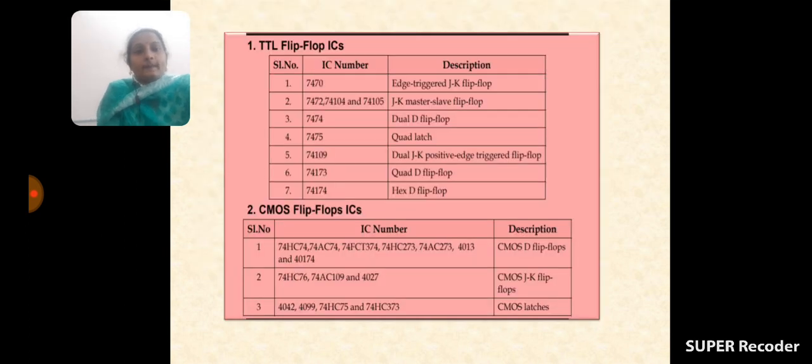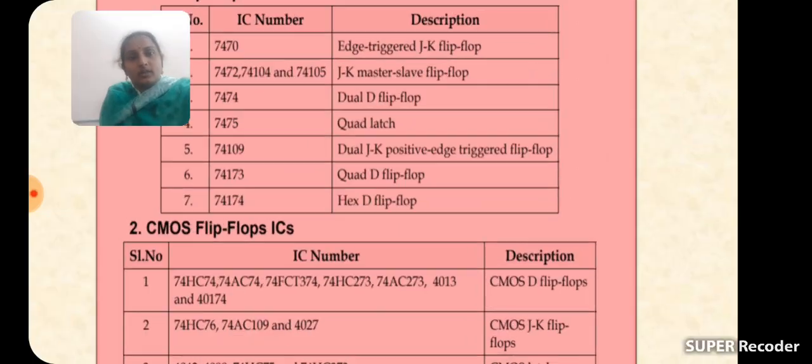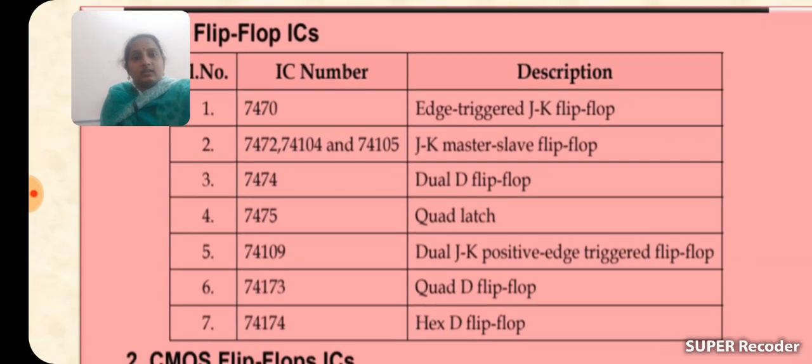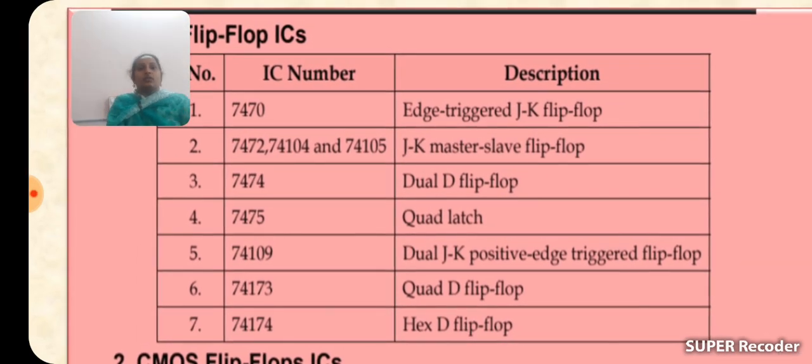See here, this is the comparison of our flip-flops. Before going to that, these are the different IC numbers used for production of flip-flops. The first IC is 7470.